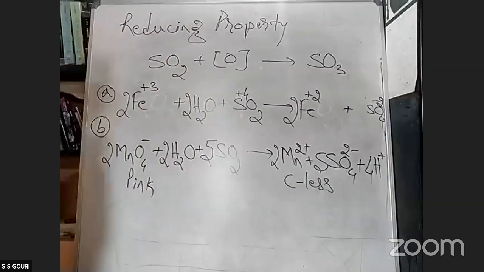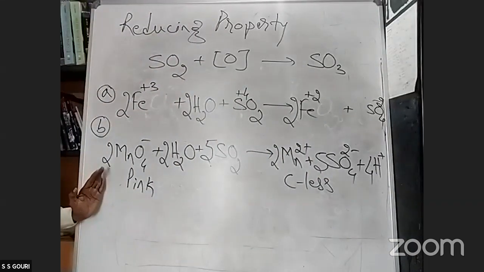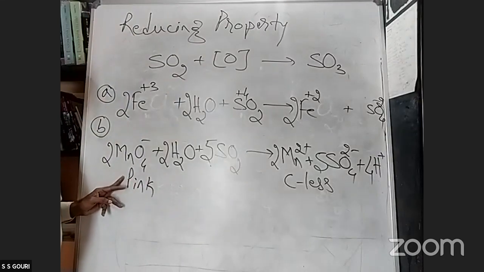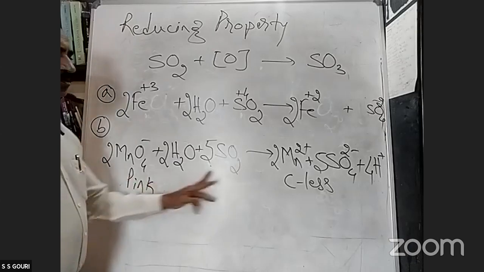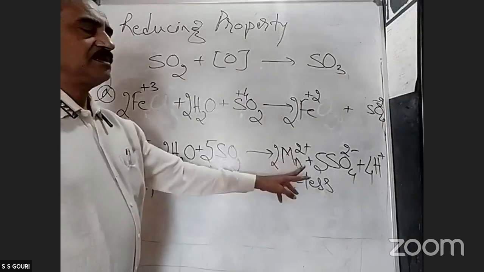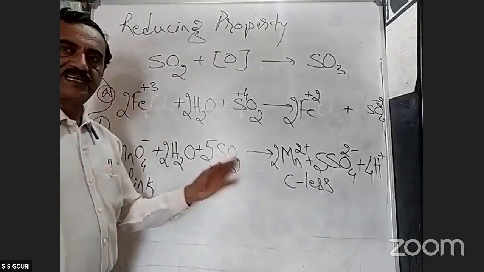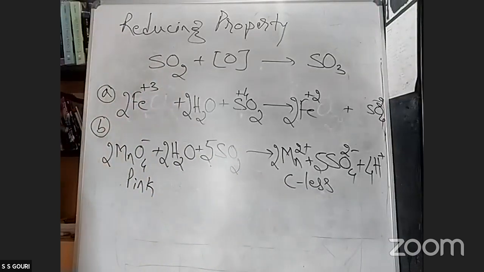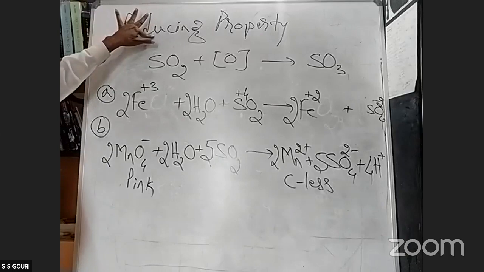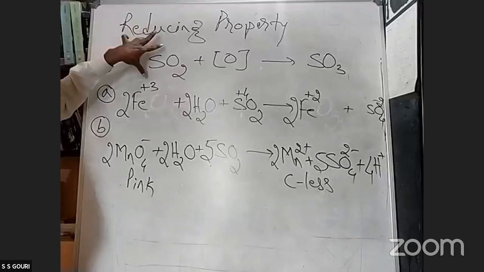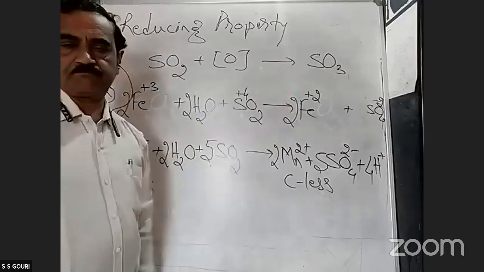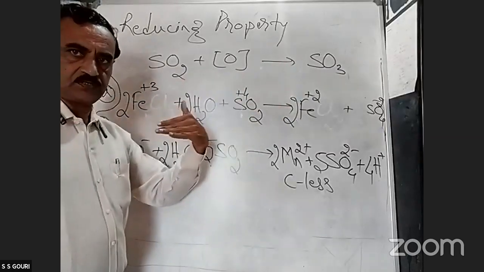Okay, so sulfur dioxide reduces the pink color of permanganate ion to colorless manganese ions. ನೋಡೋಣ. So reducing property. Why SO2 acts as a reducing agent? Because it can readily undergo oxidation to sulfur trioxide. It takes nascent oxygen.